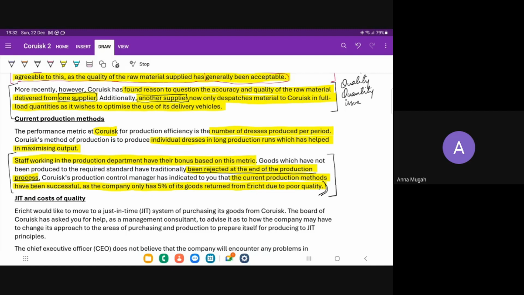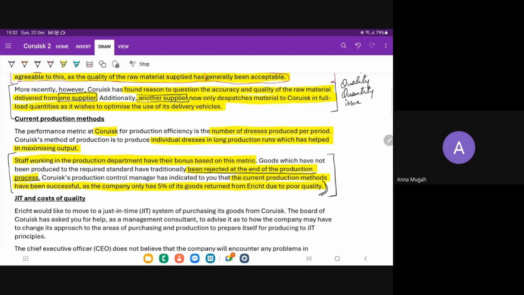Suppose something went wrong with the cutting of the dress, or you cut at a short size, and you ask labor to stitch that, everything is done, and at the end you figure out that the cutting was not up to the mark. If you had done the quality inspection at the start, you would have saved a lot of money and a lot of time. So the most important thing is that you are doing everything at the end of the production process.